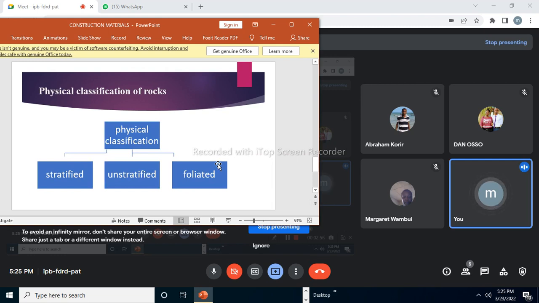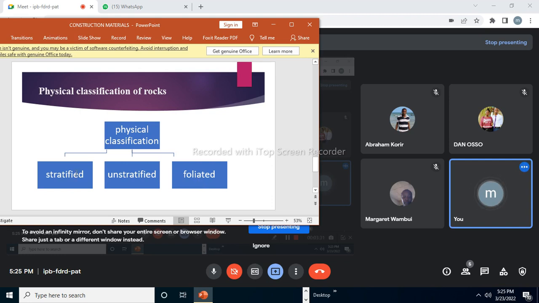But before we go to geological classification, let's go first to physical classification. According to physical classification, stones can be classified as stratified, unstratified, or foliated. I will tell you as we go on some of the characteristics of each.